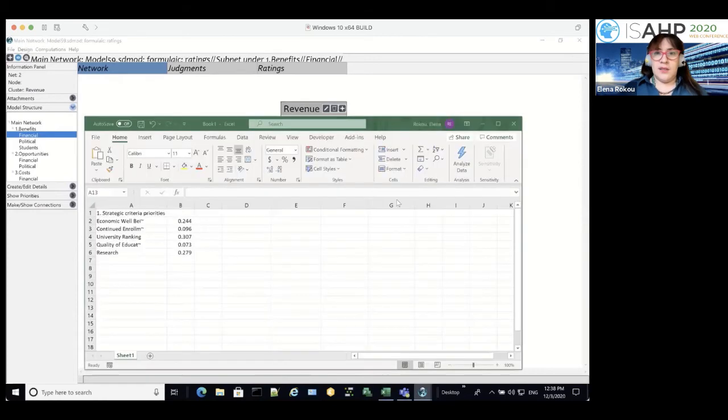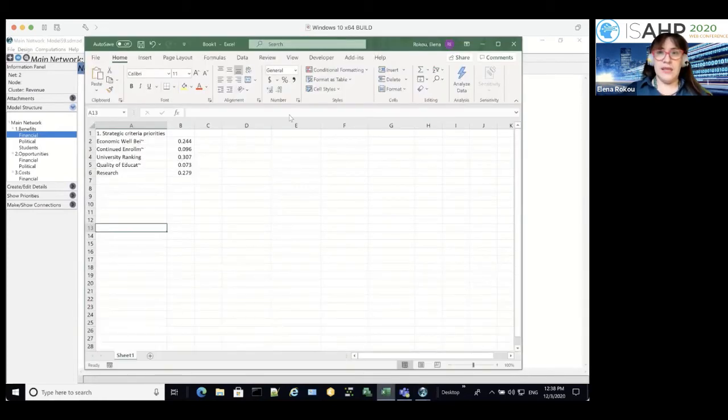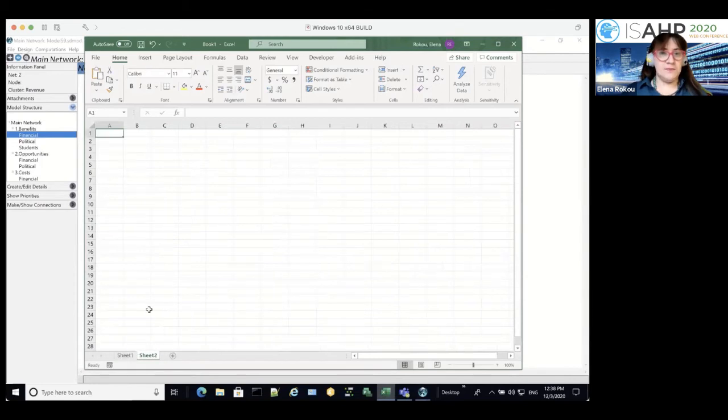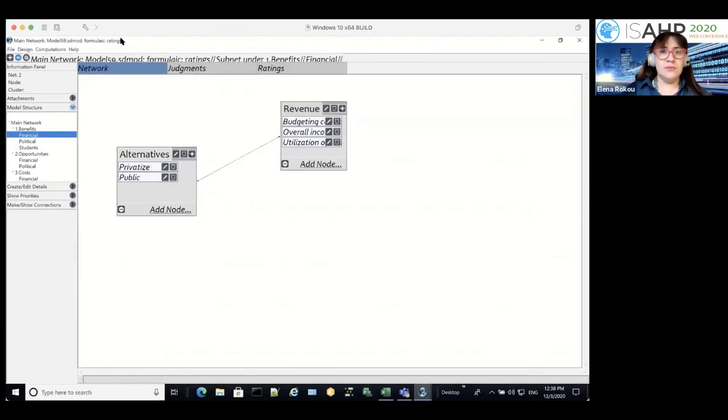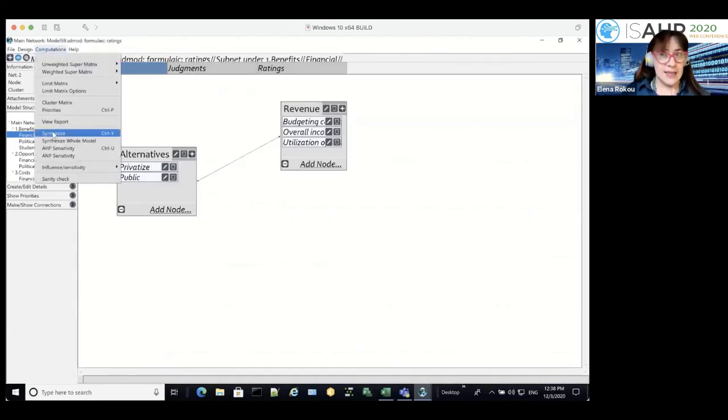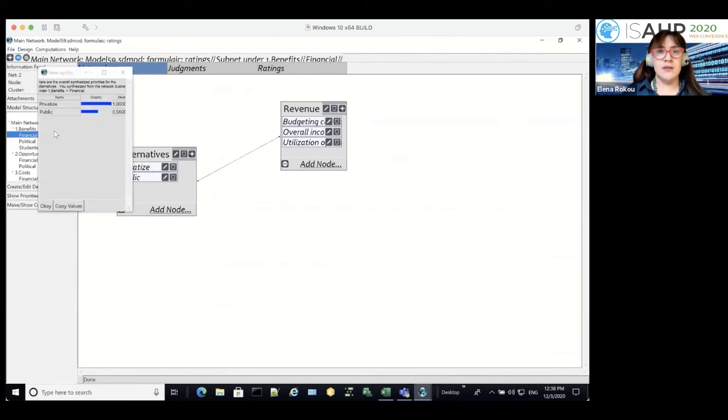At this point, I'll just open an Excel spreadsheet and I'll start combining my work for benefits. So I'll start working with my benefits now. How? Computations, synthesize. Be careful, not the whole model. We care about the financial benefits.